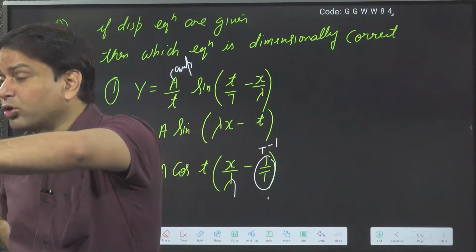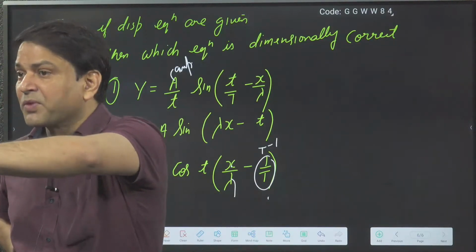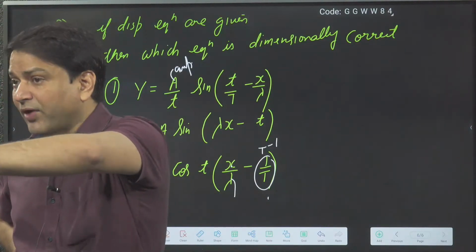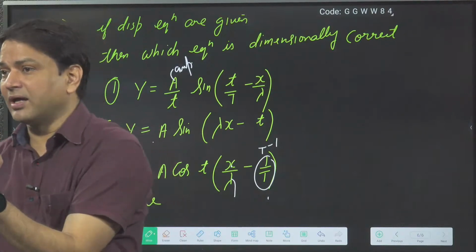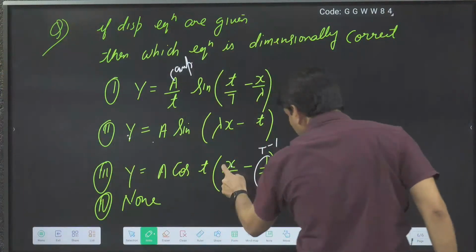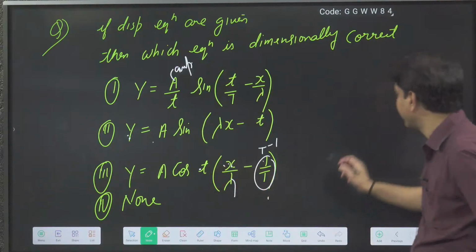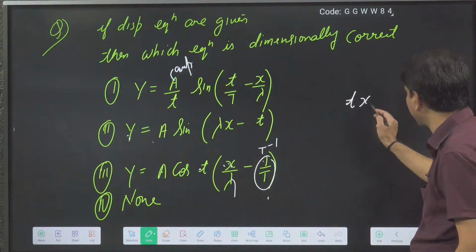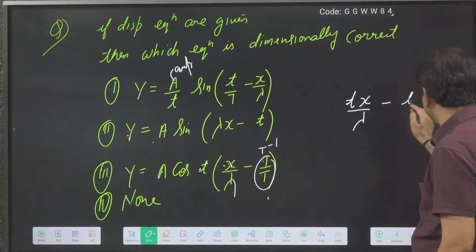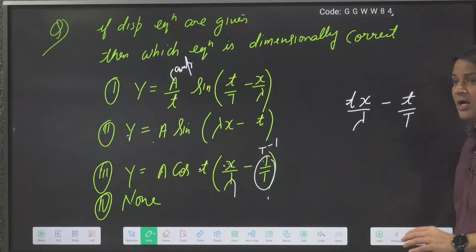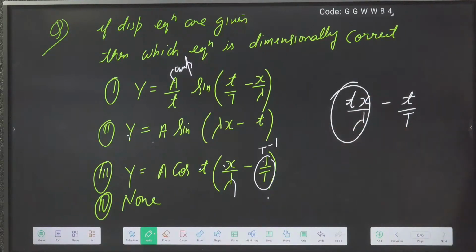If I take t common, then this t will get multiplied with this also. So you will get t x by lambda minus small t by capital T. Then its dimension: x by lambda is dimensionless, so its dimension will be t.